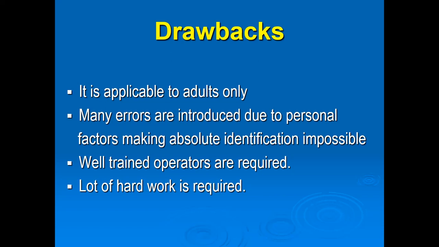The third drawback is that well-trained operators are required, because the team must be expert. Everyone should know his or her work well. Number four drawback is that a lot of hard work is required. It's a kind of manual, tiring, exhaustive job, and requires a lot of hard work and time.